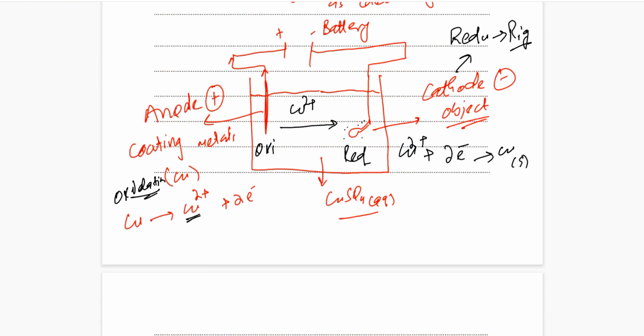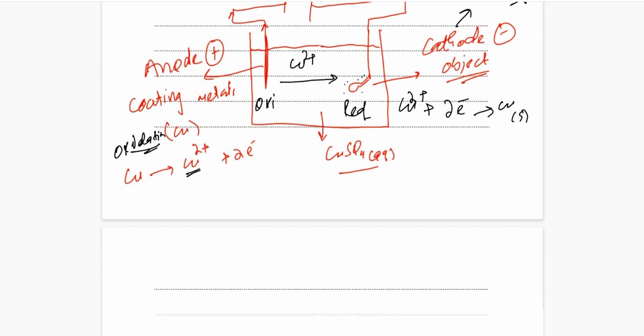Why do we use electroplating? We use it to make something appear good, to improve the appearance. The second is to avoid rusting.